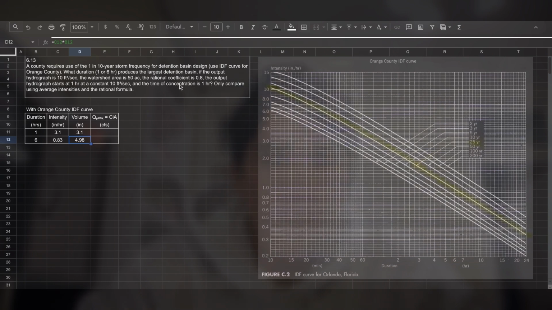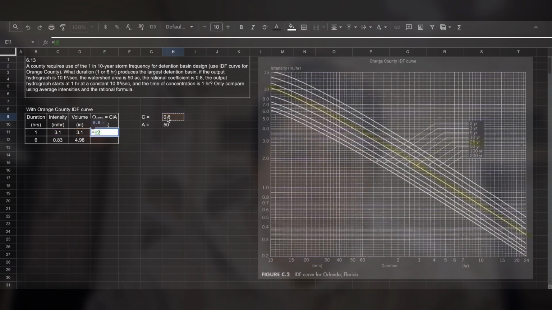But besides that, we also need to find the Q peak for both. We need to use the rational method, CIA, and we are given that C equals 0.8. The intensity we found is the intensity for each, and the A is equal to 50 acres. So to find the Q peak, the peak flow for each one of them, we're going to do CIA.